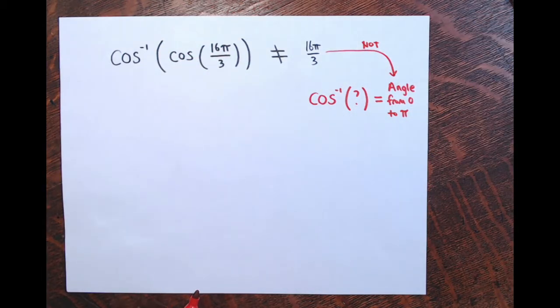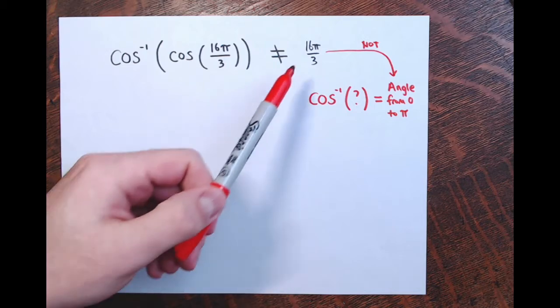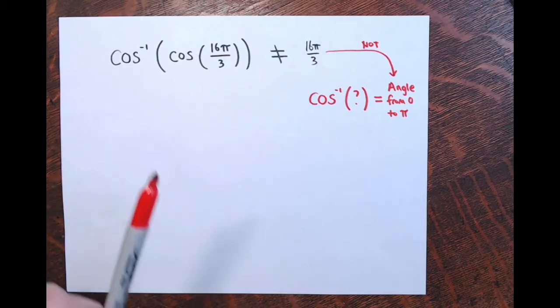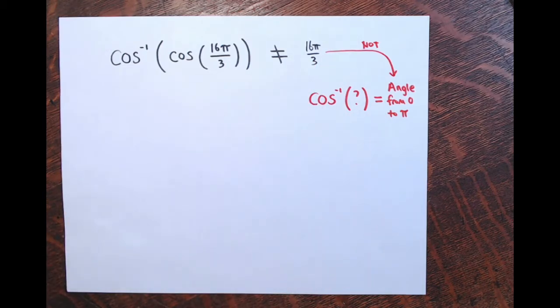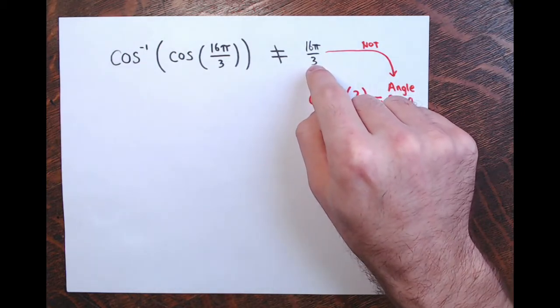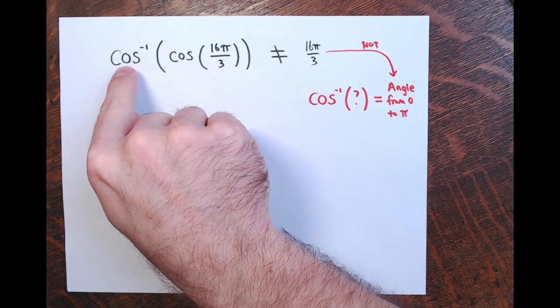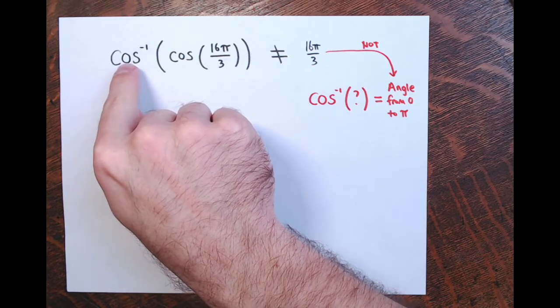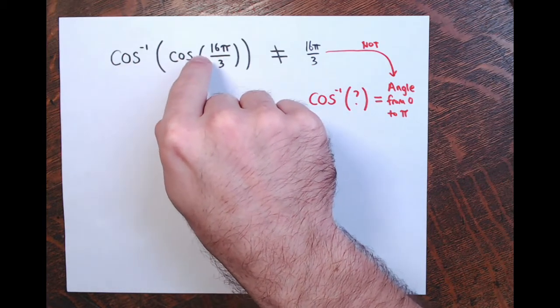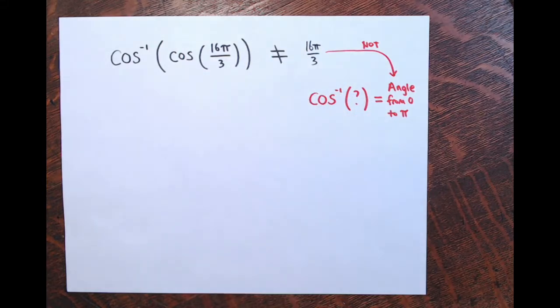It's too big. That's way bigger than just pi. So that's why you're not just undoing these. The output has to be in the range of the first function. If I'm taking the inverse cosine of something, the output has to be between 0 and pi.